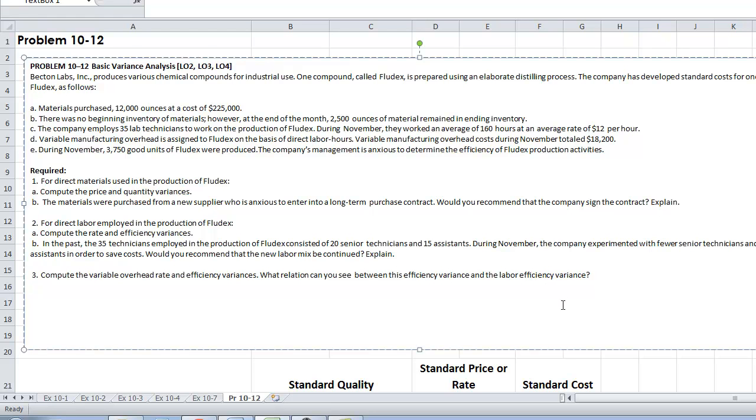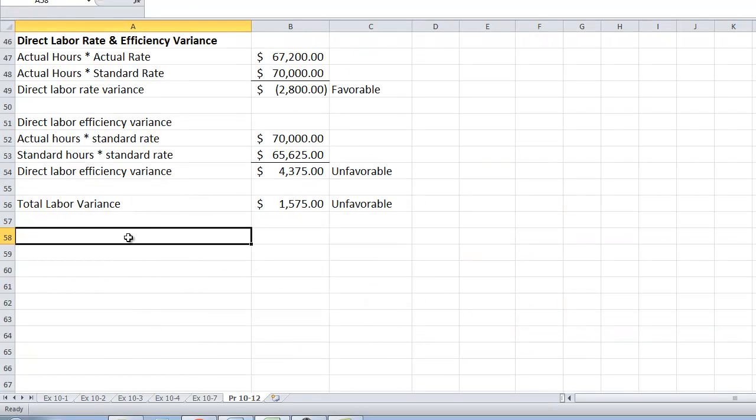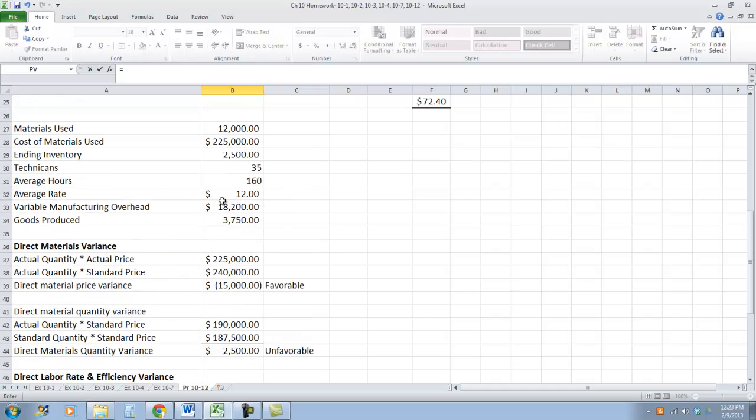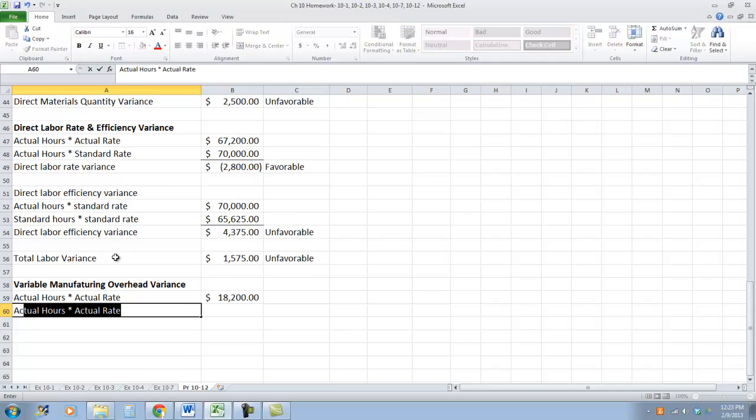Alright, talk about overhead. Variable manufacturing overhead variance. The very first thing we do is actual hours times actual rate, and they gave us this amount in the problem. Variable manufacturing overhead was $18,200 for the month. Now we need actual hours times standard rate.